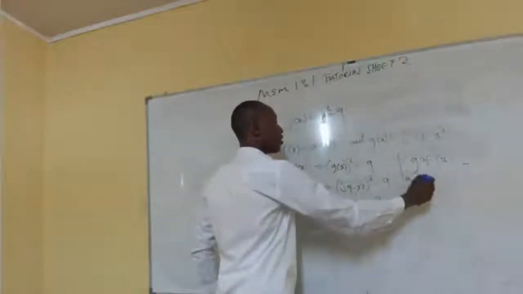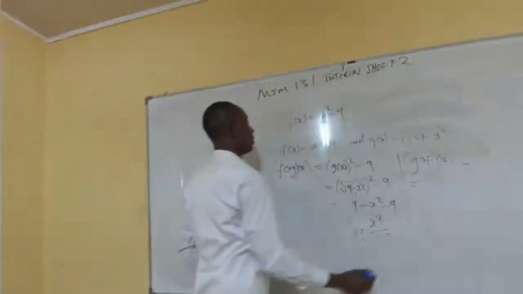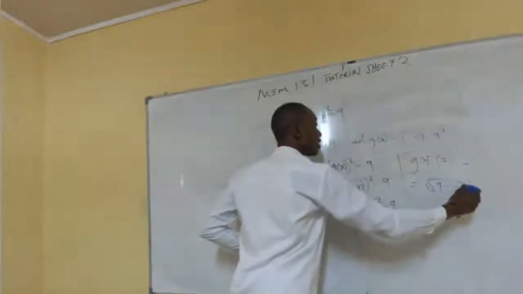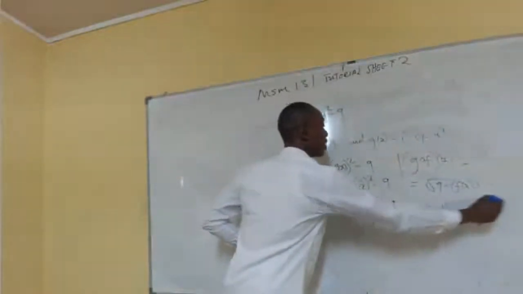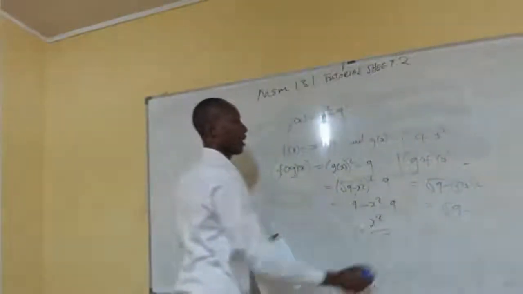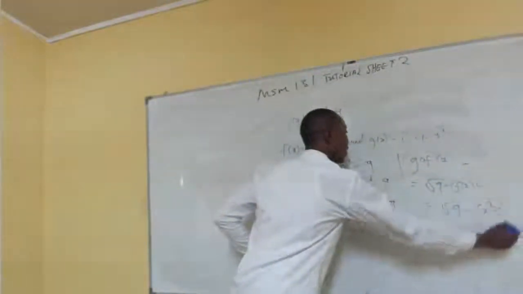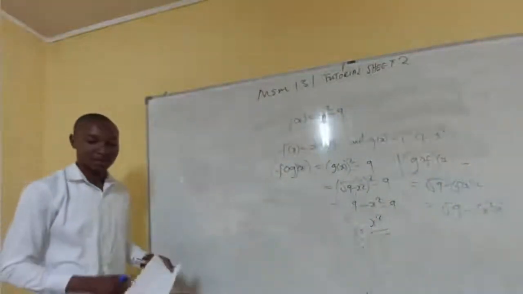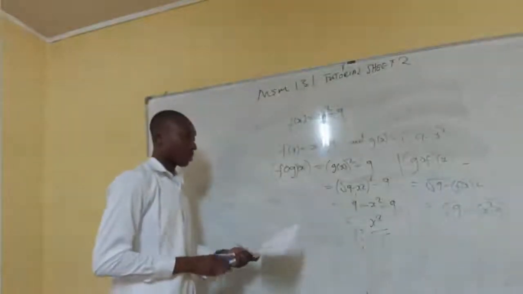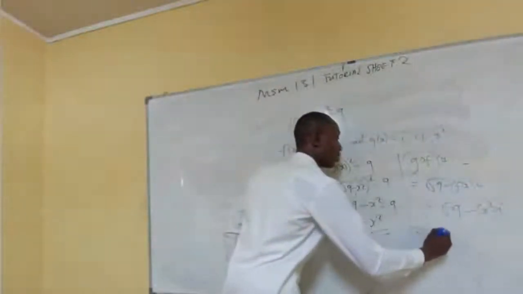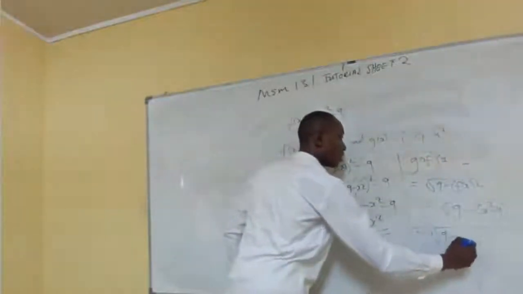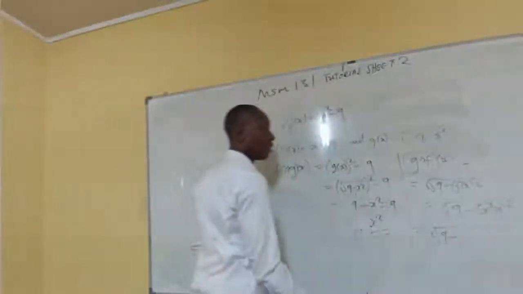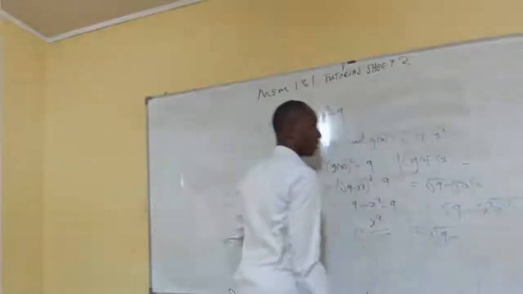So g of f of x is equal to, so we're now replacing, so this is root of 9 minus f of x squared. f of x is x squared minus 9. Okay, which ends up being the root of 9 minus x squared minus 9, then there's a squared here, of course. Alright, so it's inside.